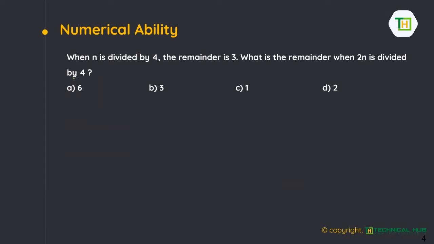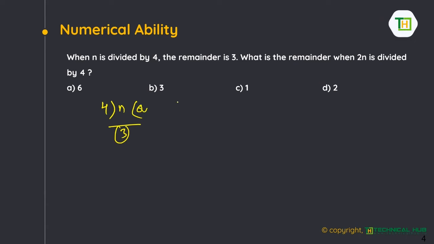Next question. When n is divided by 4, the remainder is 3. See, let us take a number n. This n is divided by 4. So 4 is the divisor and we don't know the quotient. And the remainder is 3.